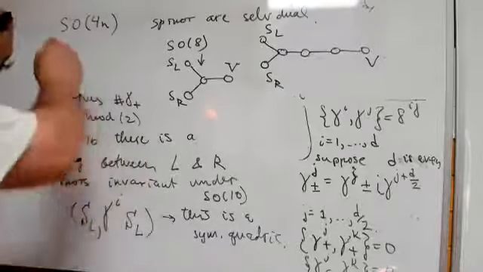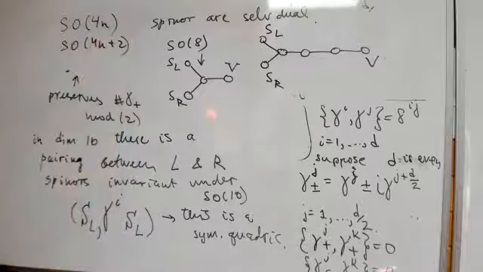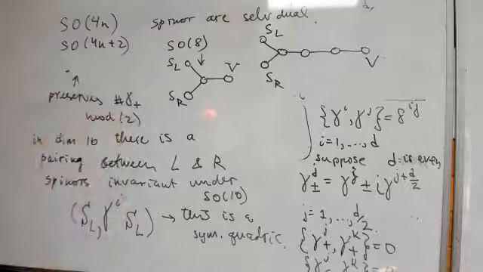However, for SO4N plus 2, the representation that is dual to left is right.